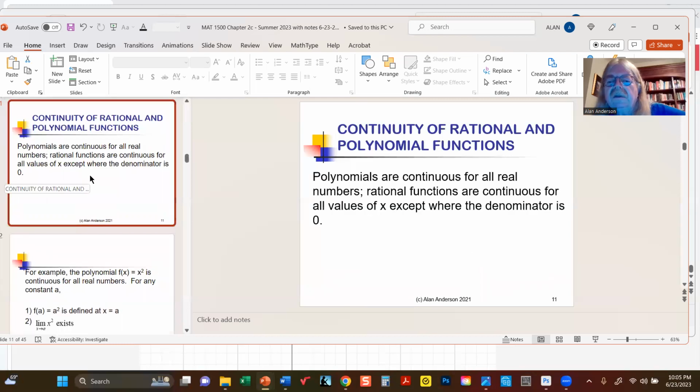All right, now, polynomials are continuous for all real numbers. Rational functions are continuous for all values of x except when the denominator is 0. Remember, a rational function is simply one that is a ratio of two other functions, something like this.